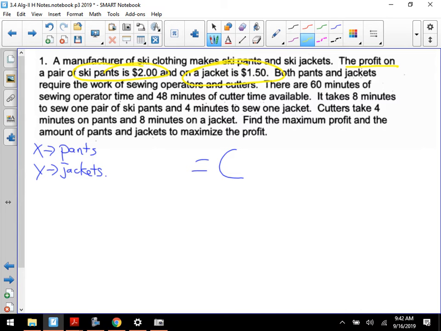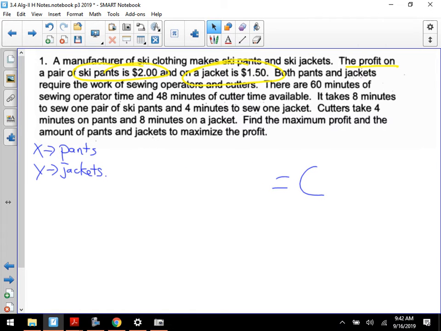So we know that pants and, how much profit do you make on a pants again? $2, and on the jacket was $1.50. So $2 for pants and $1.50 for your jacket would be your profit.